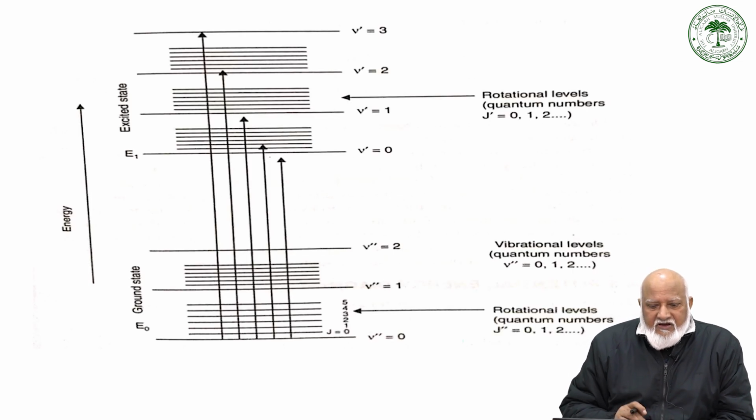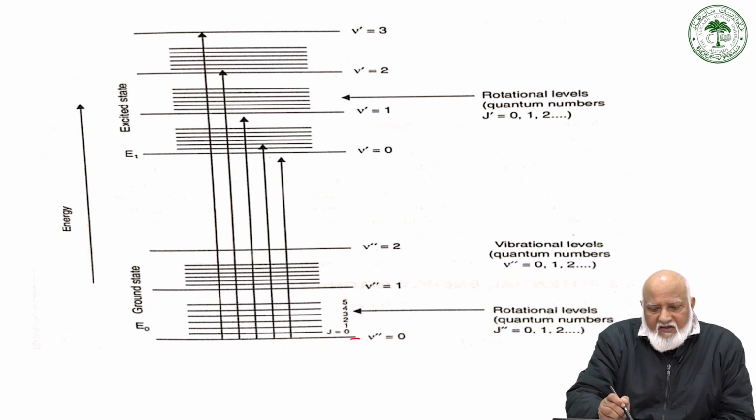This shows, because we know that the excited states can have different vibration levels. The ground state can have different vibration levels like V0, V1, V2, and each vibration level can have different rotational levels like J0, J1, and J2, and so on.